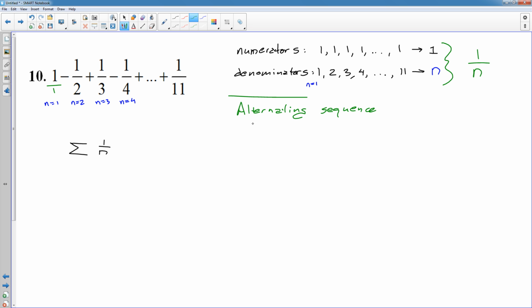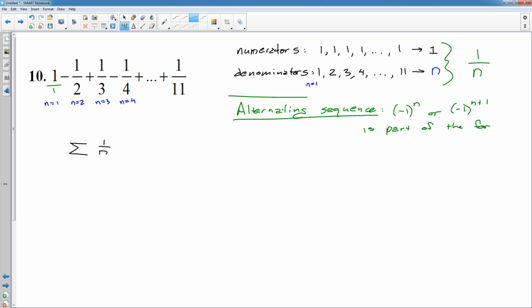And if you have an alternating sequence, the way a formula will alternate is if there is a -1 to the n power or -1 to the n plus 1. One of those two must be part of the formula.